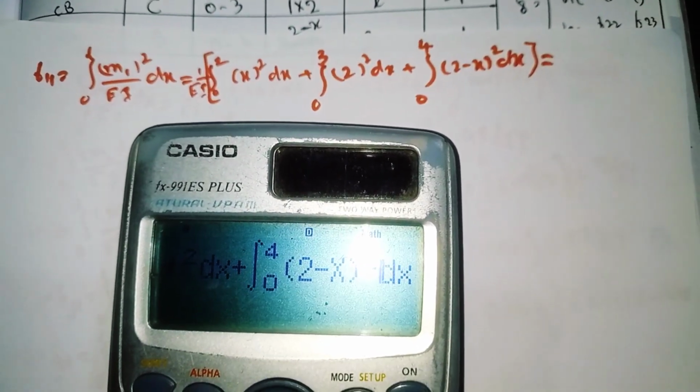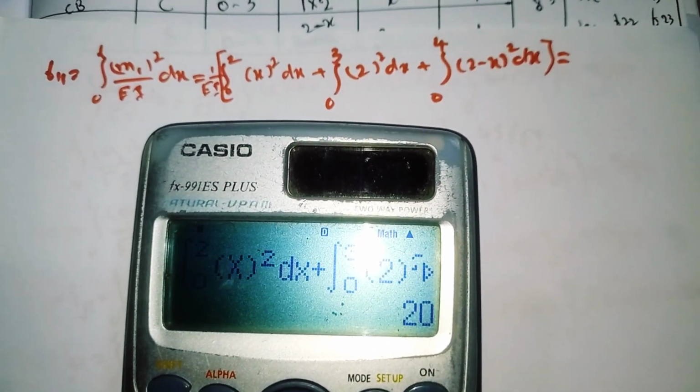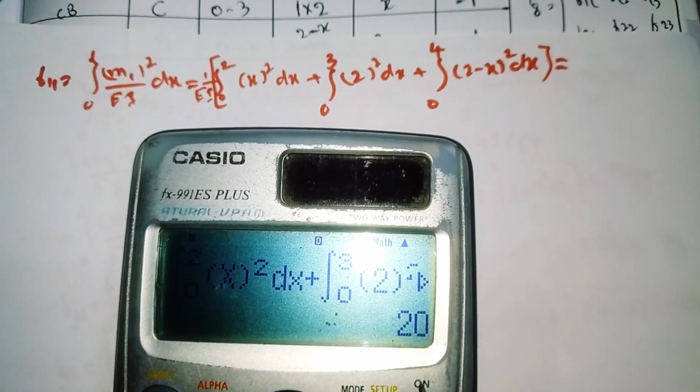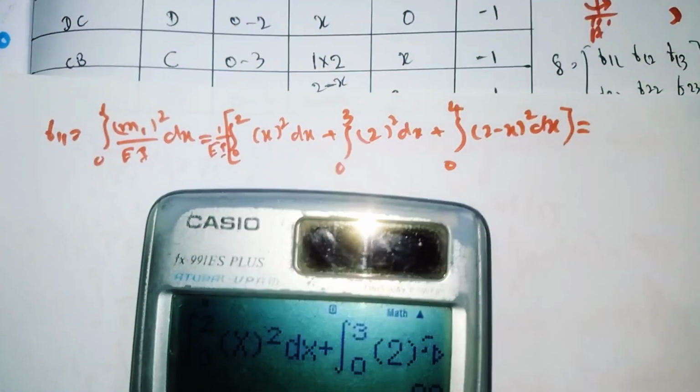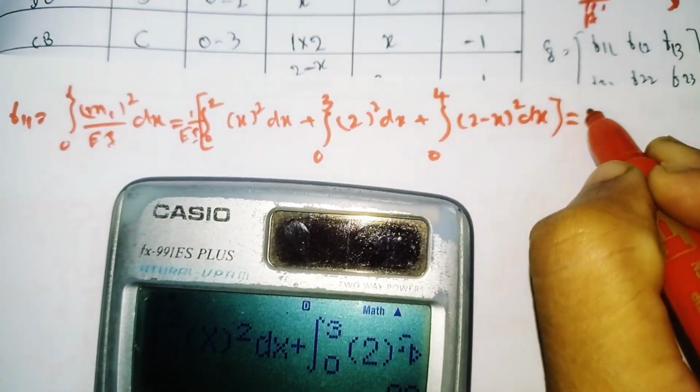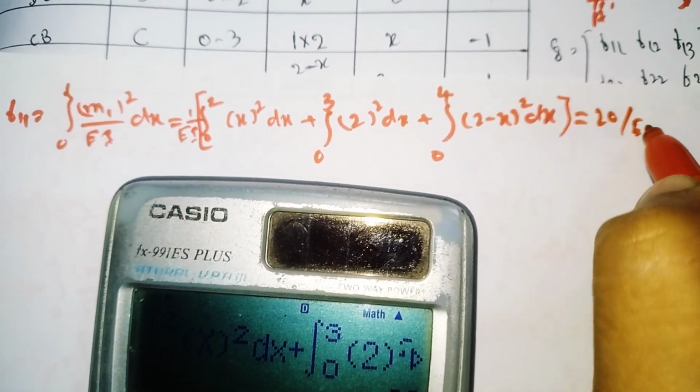So now solve it. Our F11 value will come out as 20. So write it here: F11 is 20 divided by EI.